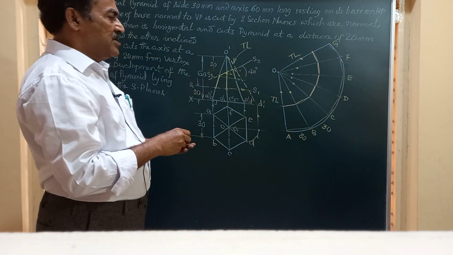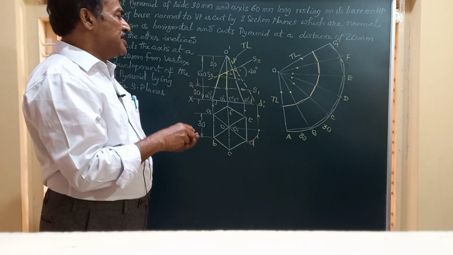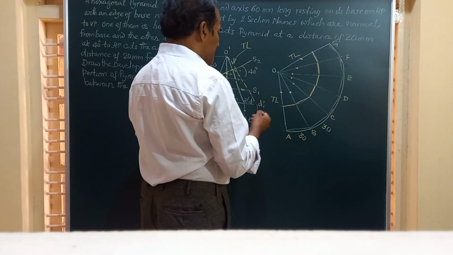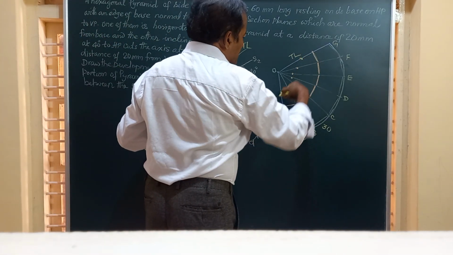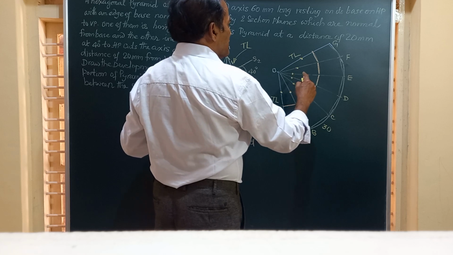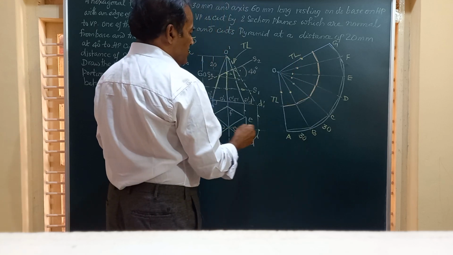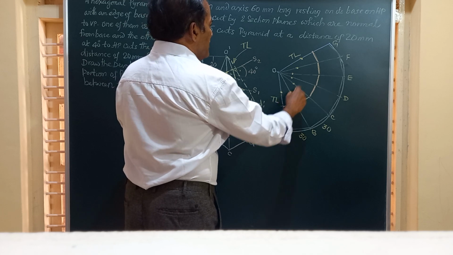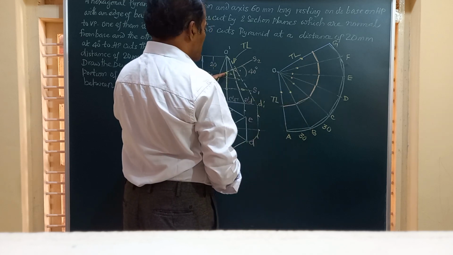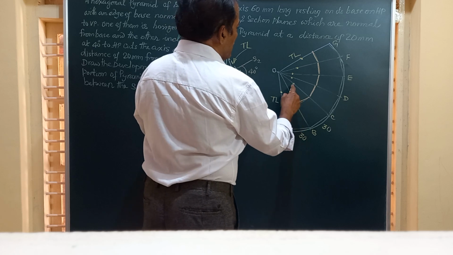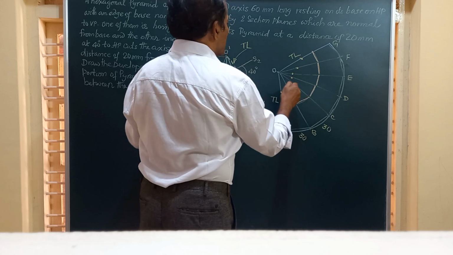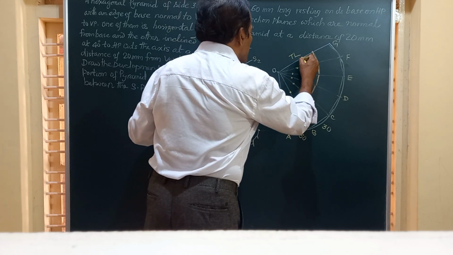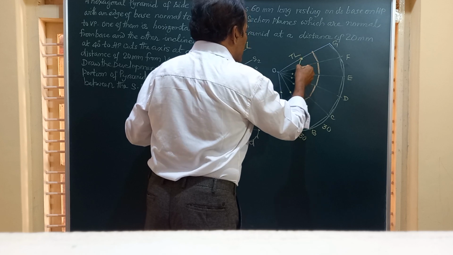So friends, as you all know, the points so obtained are to be joined by straight lines. OA, OB will have the same measurement, OA, OB and OA, right? OC and OF will have the same measurement, OC and OF. These are the points you have got. Join these points by straight line.